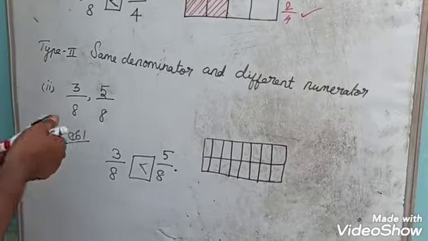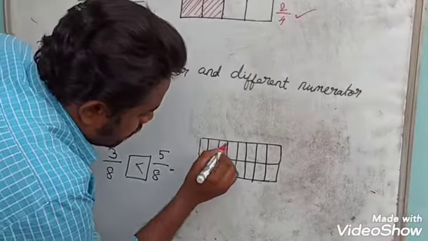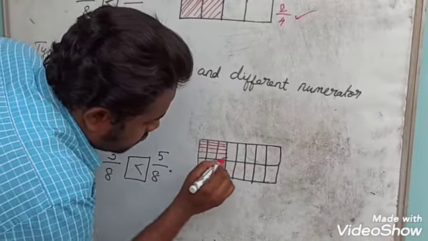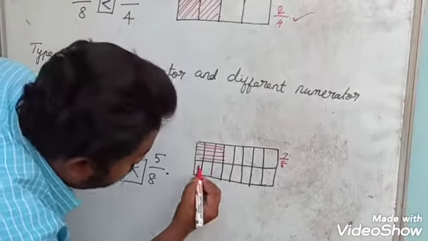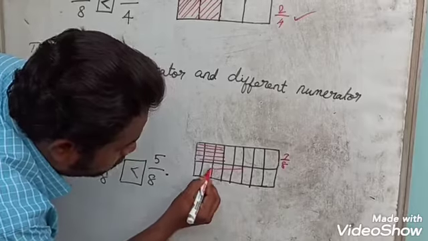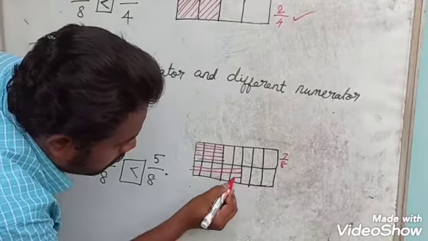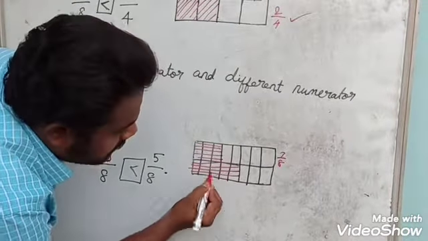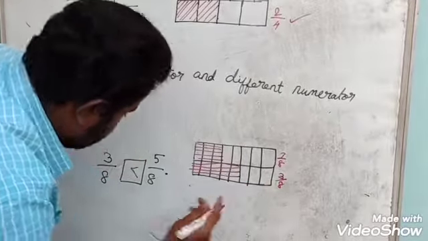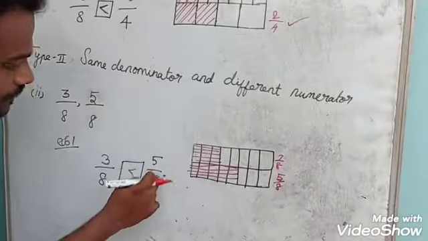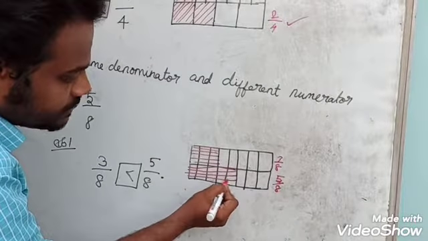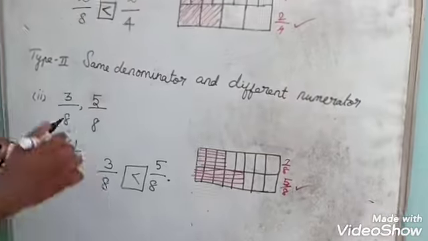I need 3 out of 8. So this is 3 by 8. Next I need 5 out of 8: 1, 2, 3, 4, 5. So already you conclude which one is higher. Already I told you 5 by 8 is the greater one. So I shade this one more. So the answer is 5 by 8.